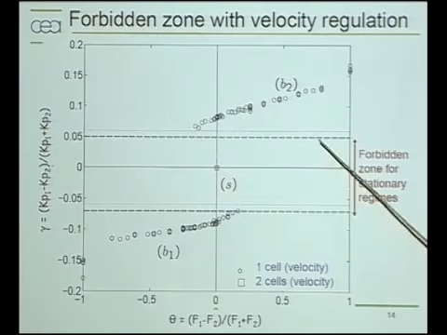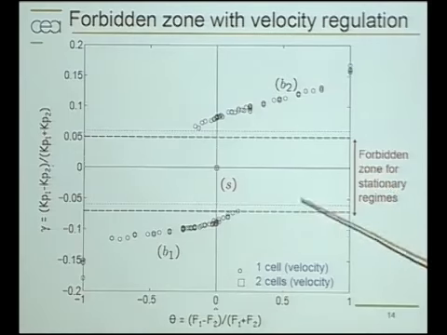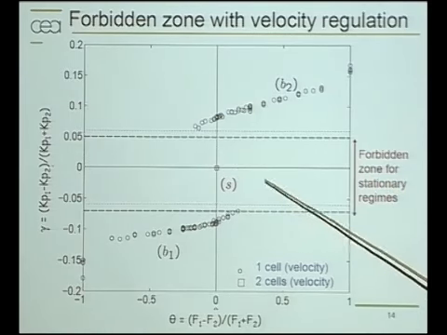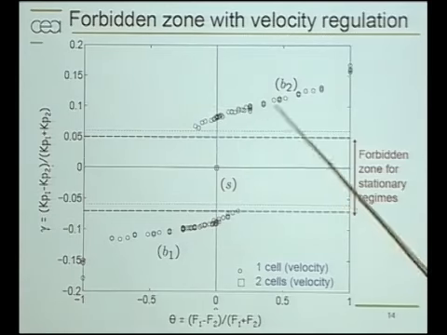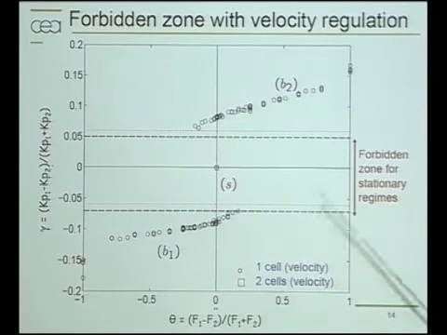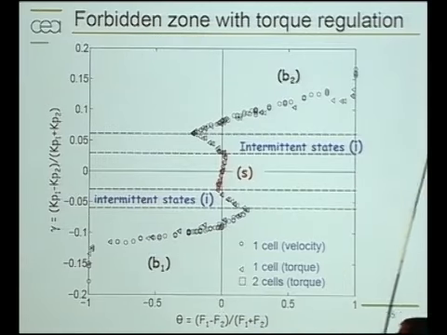So this turbulent bifurcation is a function of the Reynolds number. Okay, I told you that when we are doing velocity regulation, there is this forbidden zone here. I can go to the symmetric state or to the bifurcated state.